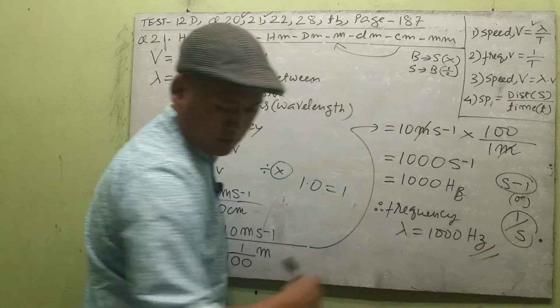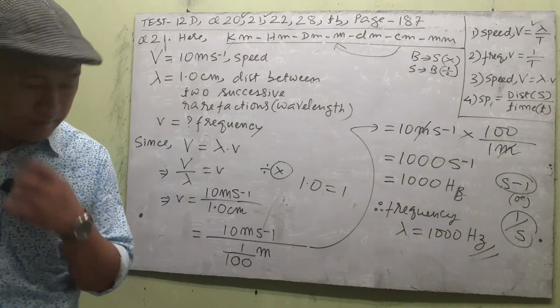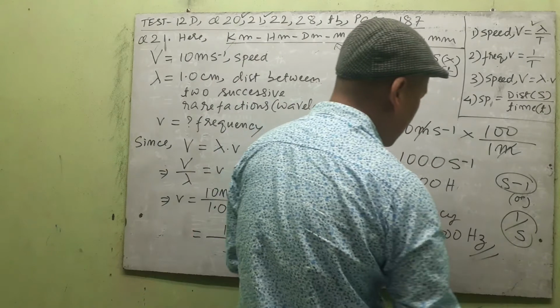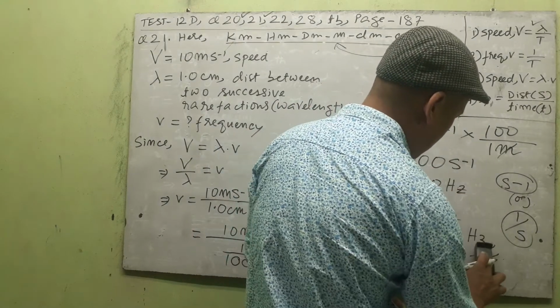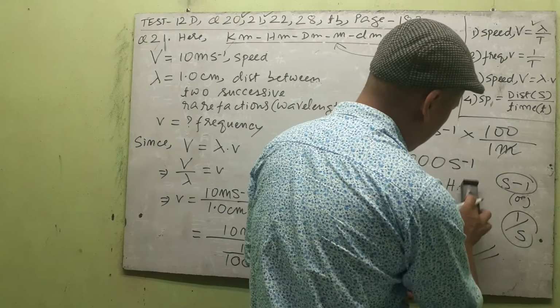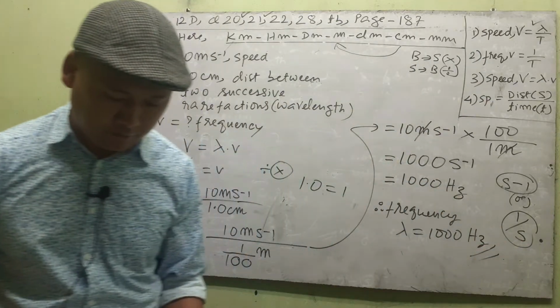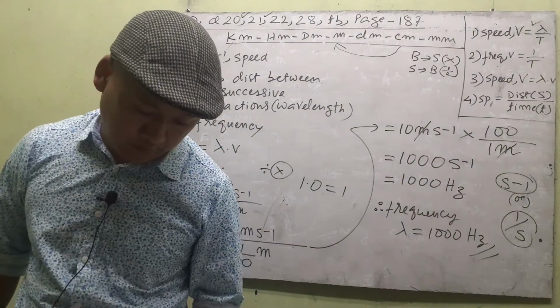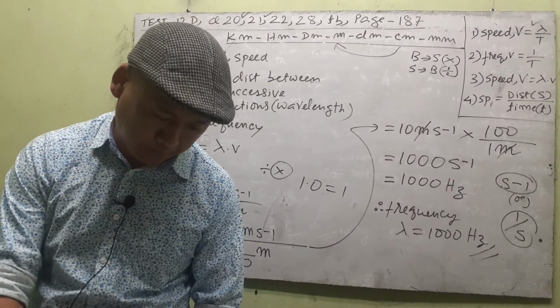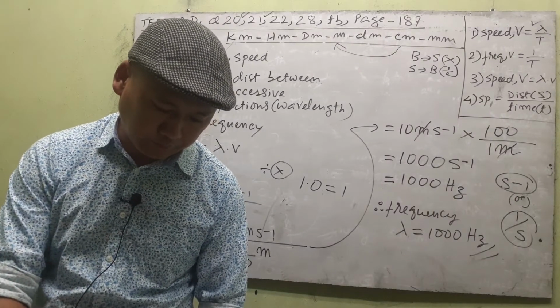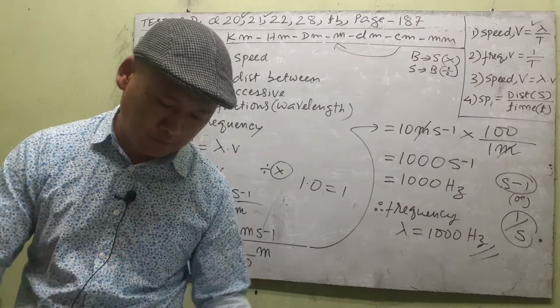Same as the textbook answer. They're using capital Z, sorry, Hz. I think it's fine. So you can write 1000 hertz.